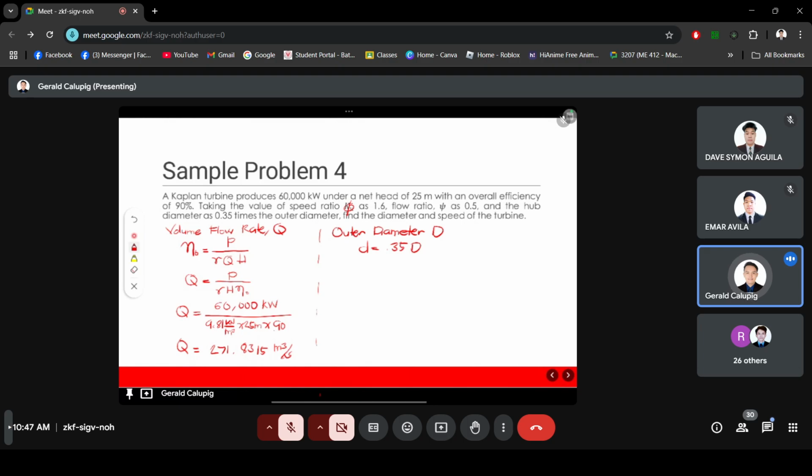Yesterday we also had the formula for Q, which is Q equal to pi over 4 times D squared minus d squared, multiplied by the flow ratio times the square root of 2gH, right? So let's derive the formula for the outside diameter. First we substitute the value of d, the inner diameter.